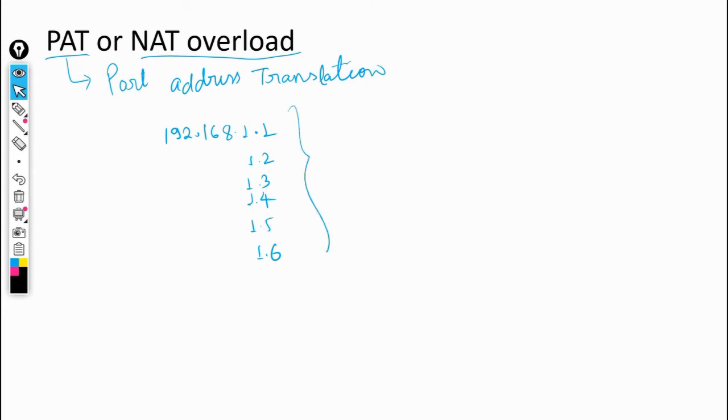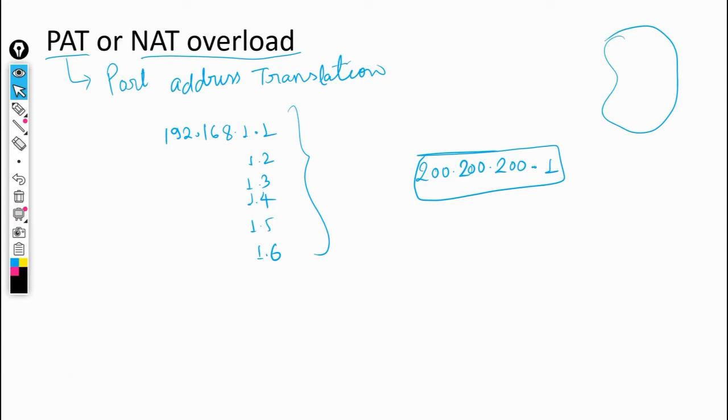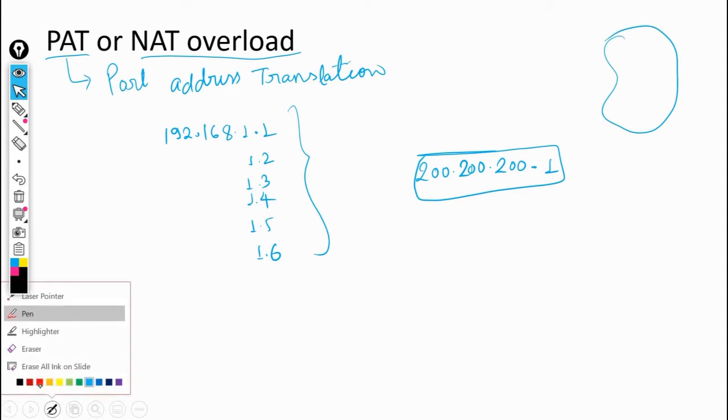They all want to use the internet, and we have just one IP address, 200.200.200.1, and here we have the internet. How are they going to use the internet? Let's see.